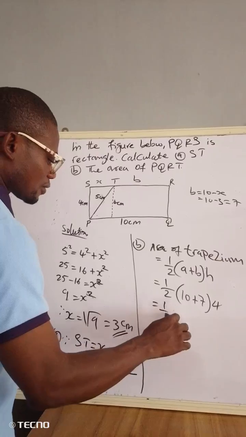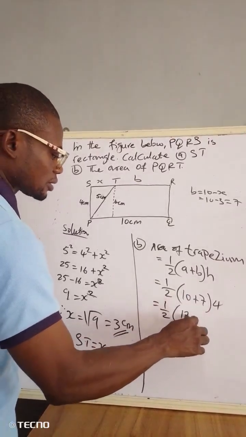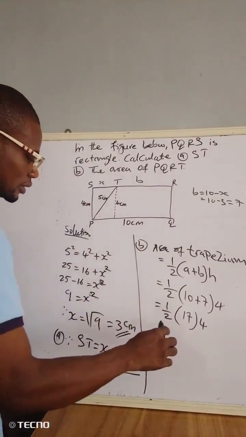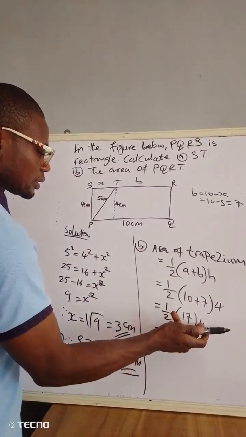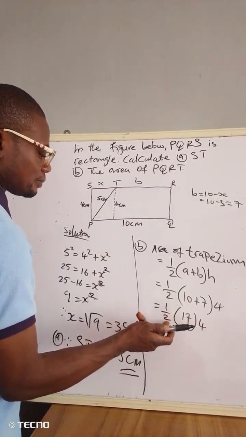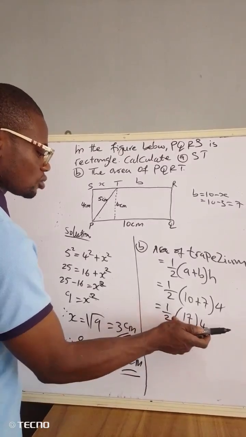One over 2 times, I get 10 plus 7, which gives us 17. Half of 4 is 2, right?